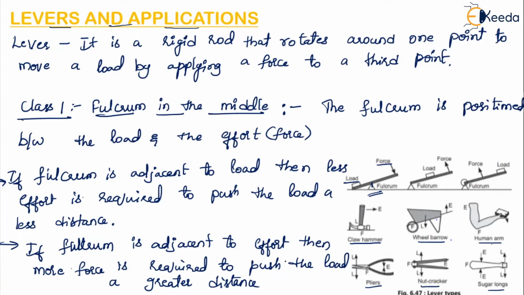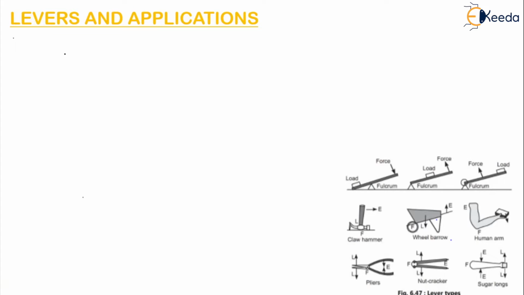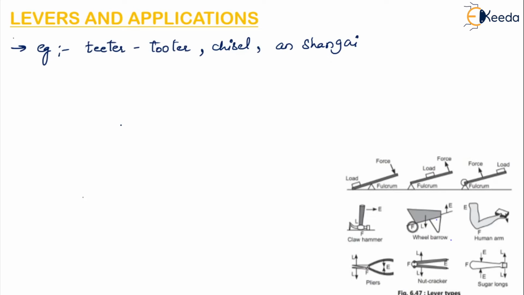Examples for class 1 are a teeter-totter, a chisel, and a Shanghai.